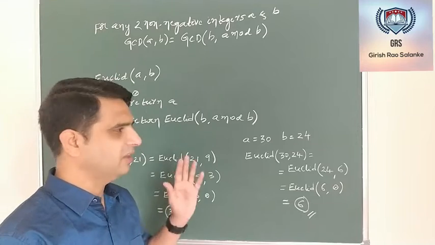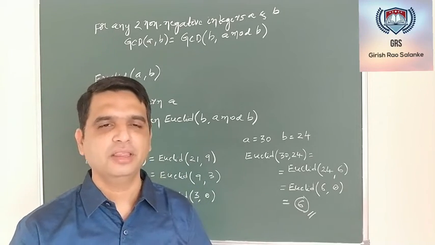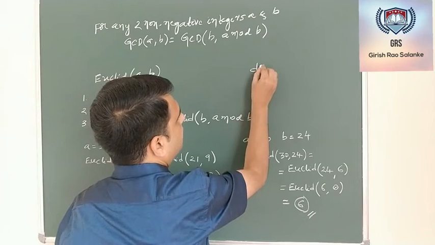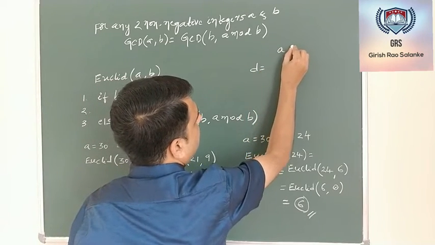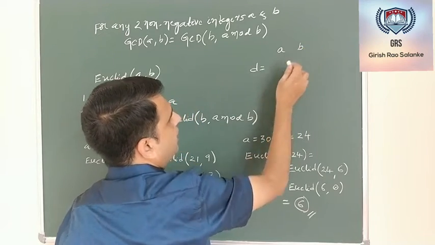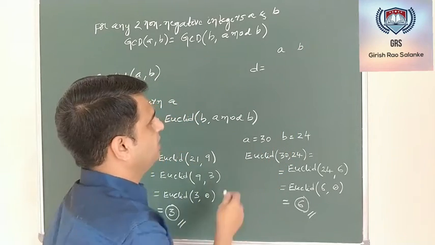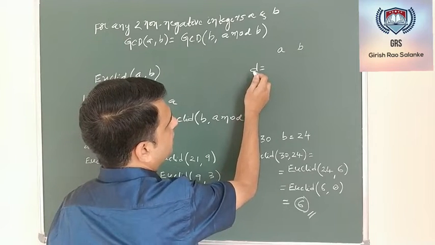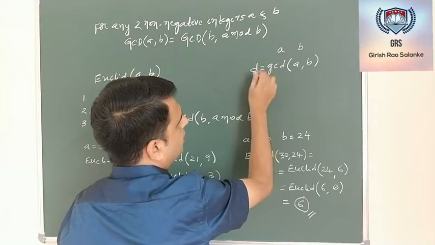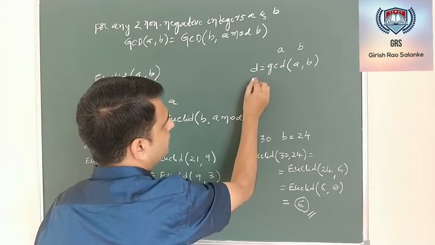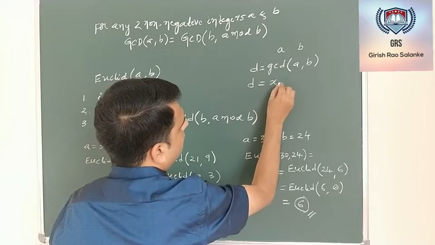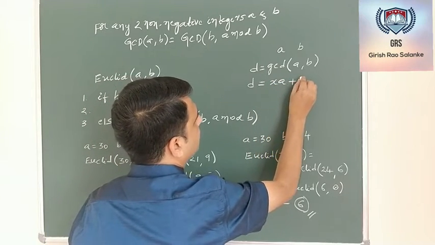Now this Euclid's algorithm can be extended further. Assume that A and B are the two non-negative numbers for which I need to find the GCD, and let the GCD be denoted with d. So GCD of A comma B is denoted with d, and this d can be expressed as xa plus yb.